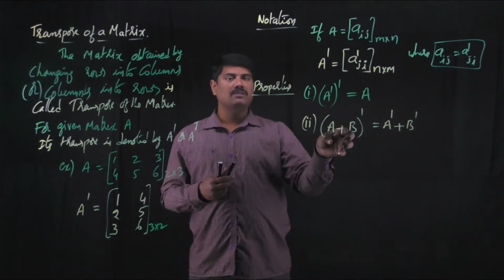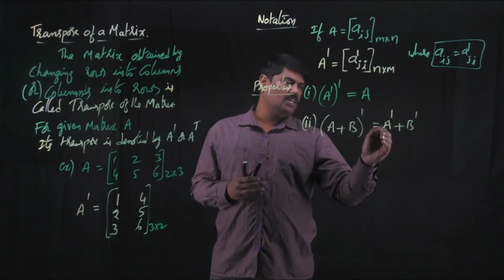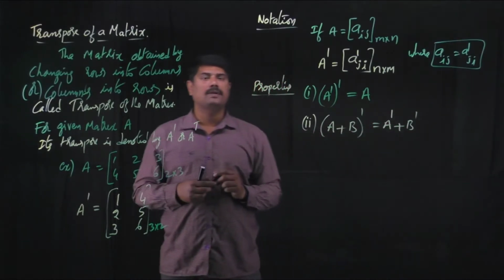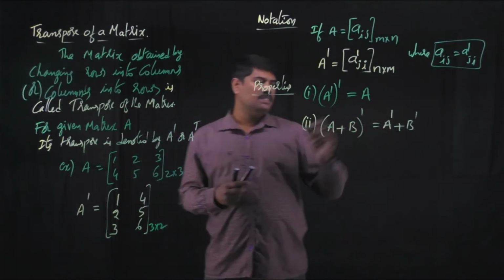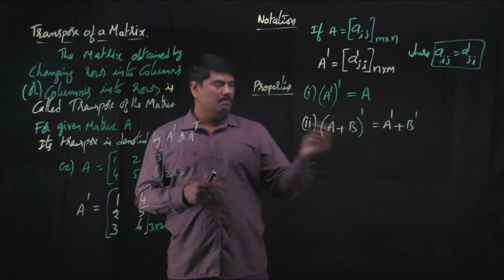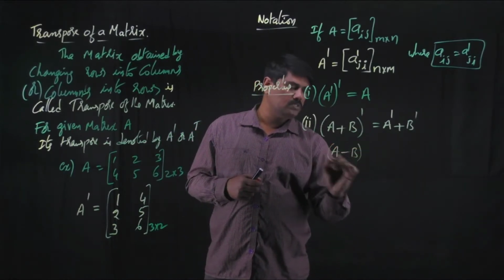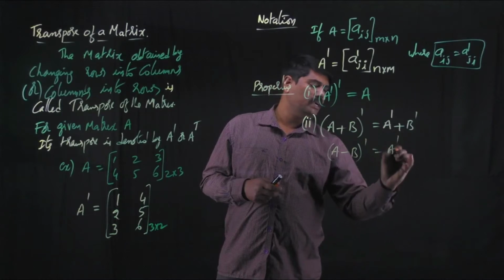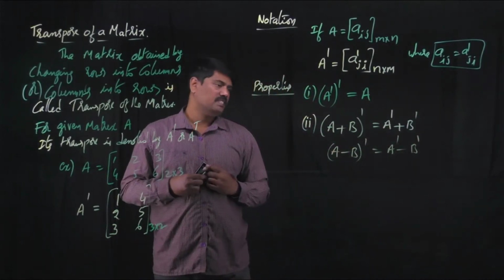First addition and later transpose, or first transposing the matrices and later adding them, you will obtain the same matrix. This concept is similar for minus also. A minus B whole transpose is equal to A transpose minus B transpose. That is the second property.